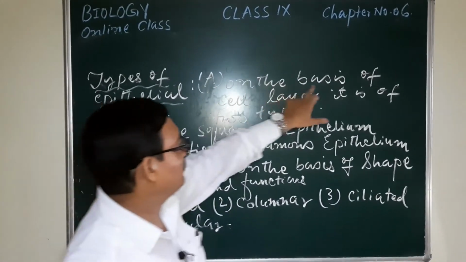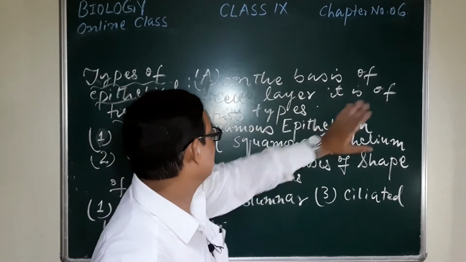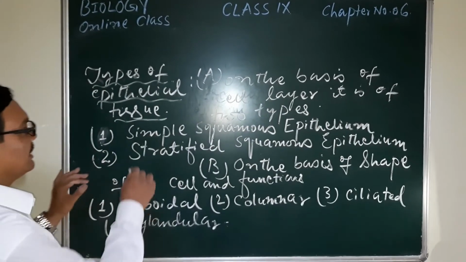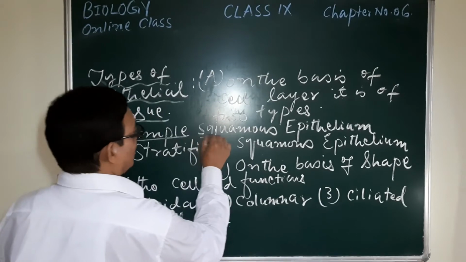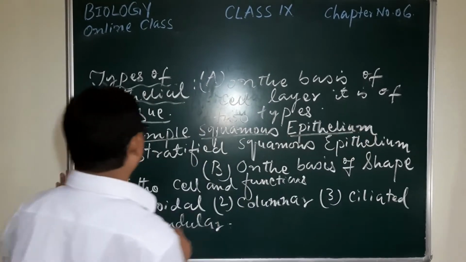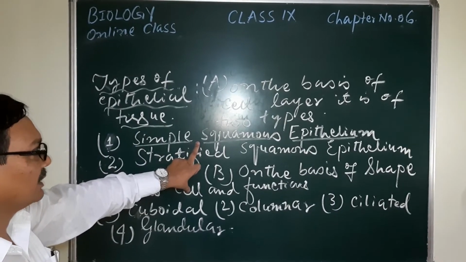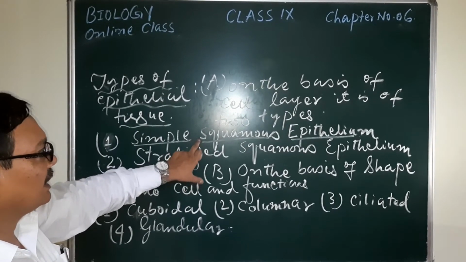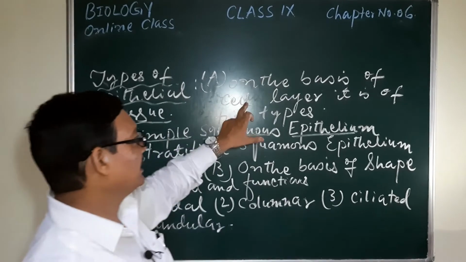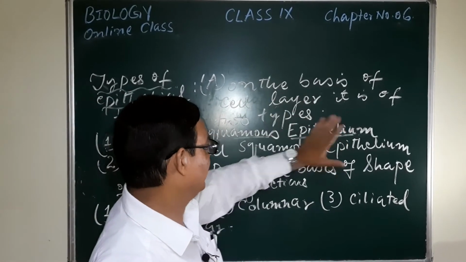On the basis of cell layer, it is of two types. The first one is the simple squamous epithelium, which is composed of a single cell layer.